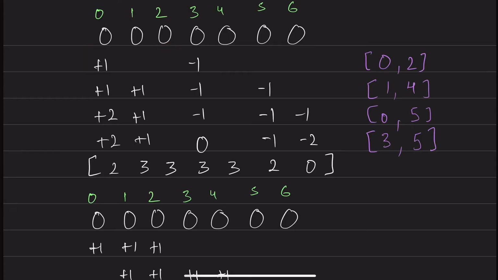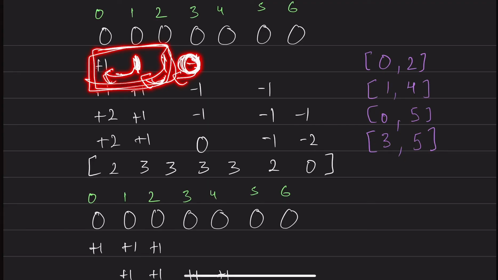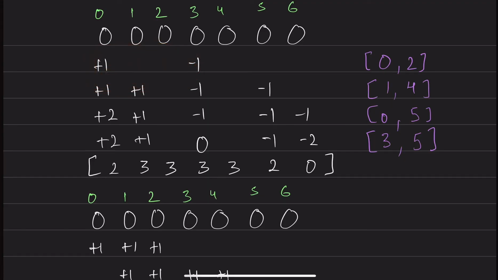So when I take a prefix sum, this value is a 1, I will be adding the previous value to it, so this will also become a 1. Then I'll add the previous value again, this will also become a 1. Then for this value, I will add the previous value also, so this will become a 0. So you see the increment happened only at the places which were there in my query. Okay, so that's how it's helping us.